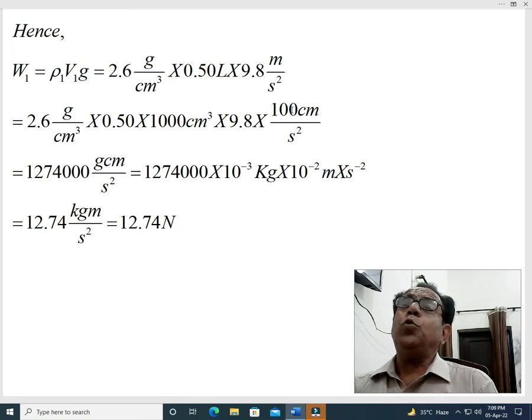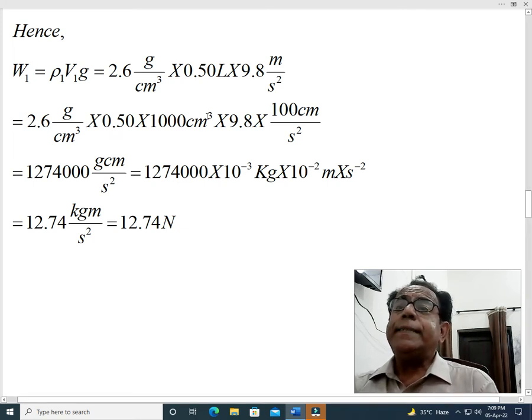Dear students, moreover, from here centimeter cube will be cancelled out with centimeter cube, okay? This will be cancelled out, and we will get the result 12,74,000 gram centimeter per second square, okay?